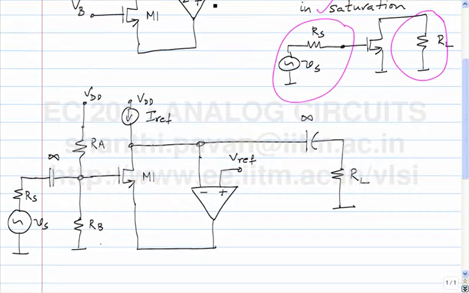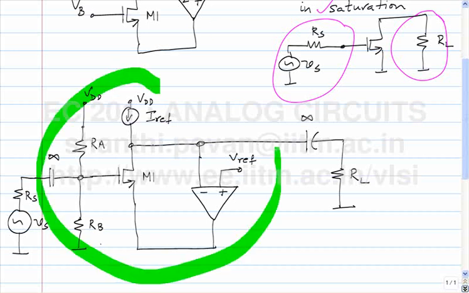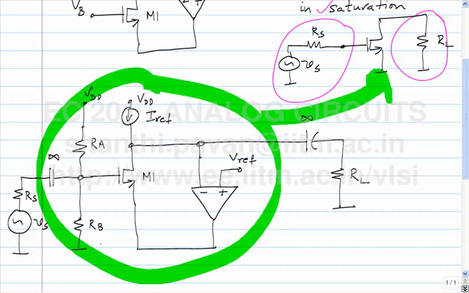So what else? Are we done or what? What is annoying you here? The difference between this chap and this guy is that incrementally the source is grounded. To get incremental gain, you want the source to be grounded, whereas here, this voltage is actually not incrementally grounded.